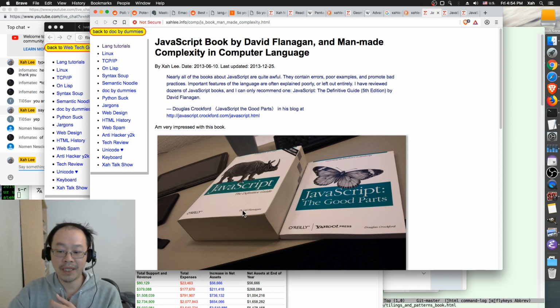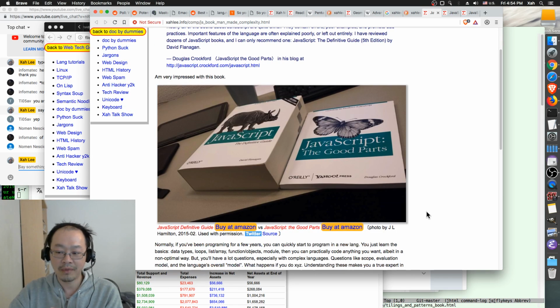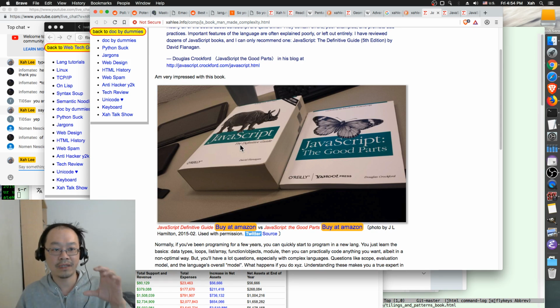So in the beginning, in most of the 2000s, this was the book. The good part is also a good book by Douglas Crockford, who is a JavaScript expert. But nothing compared to this, because the JavaScript Definitive Guide is actually comprehensive. It also covers the DOM.